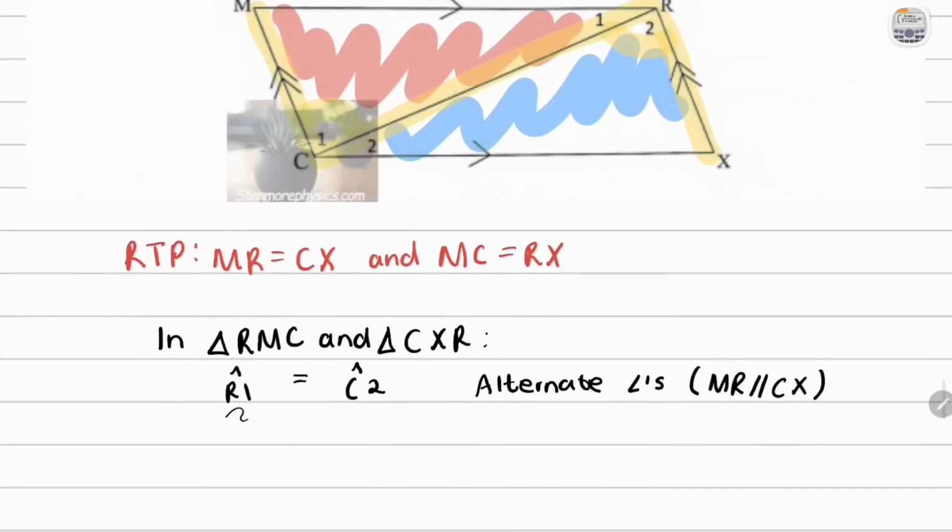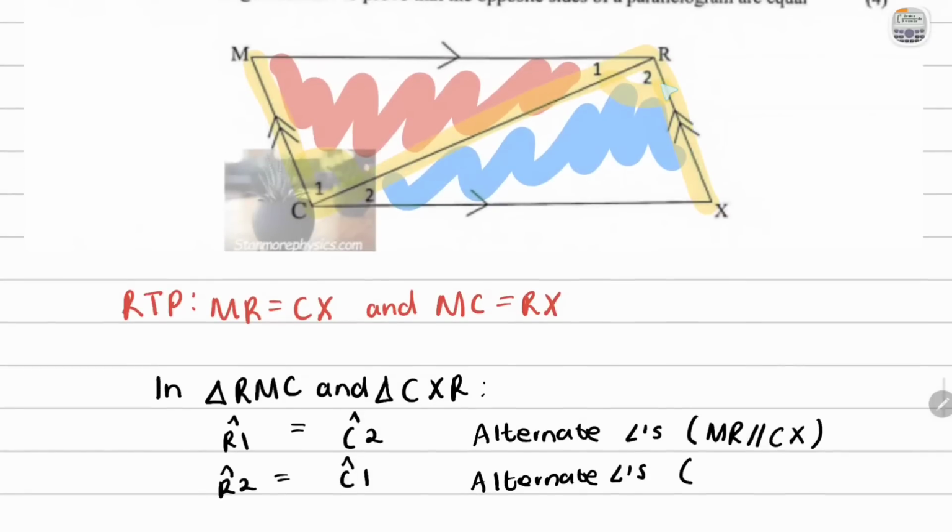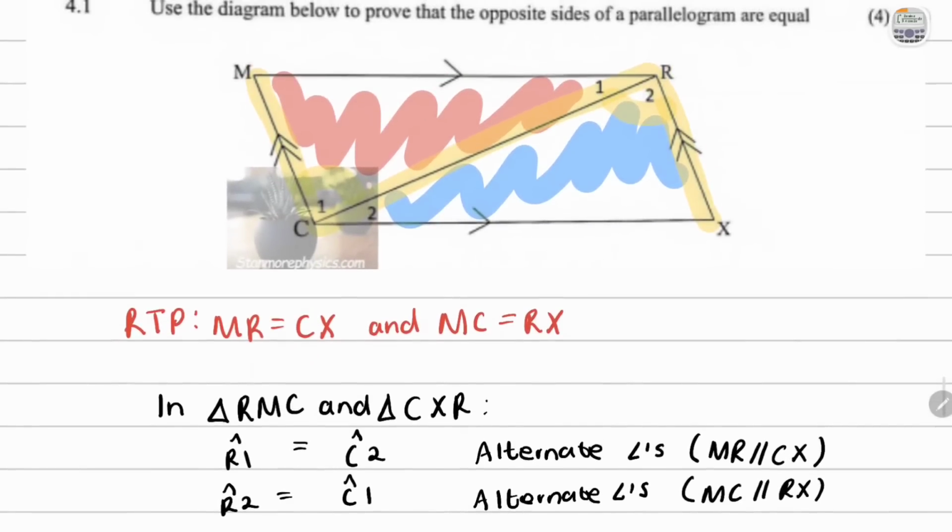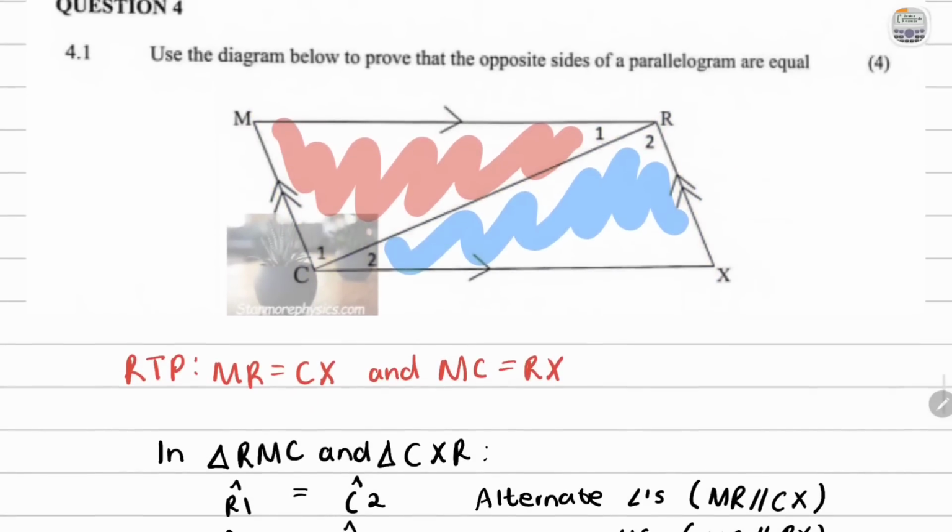So we tell them that R2 is equal to angle C1. Same reason: we have alternate angles, and we tell them the lines that are parallel. The parallel lines that create those alternate angles are RX and MC. So because MC is parallel to RX.